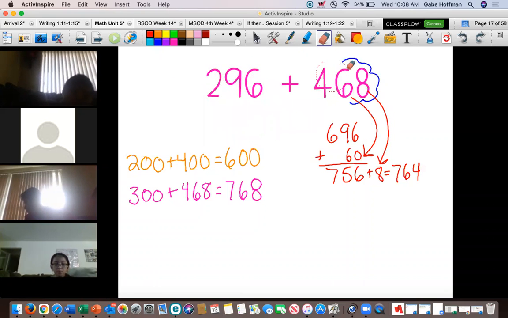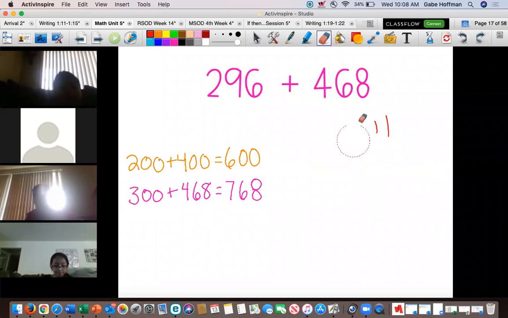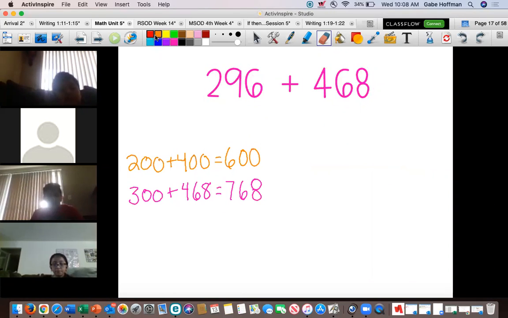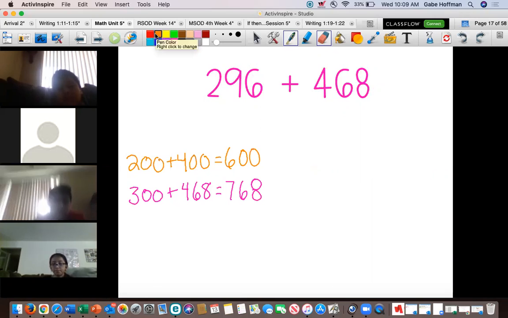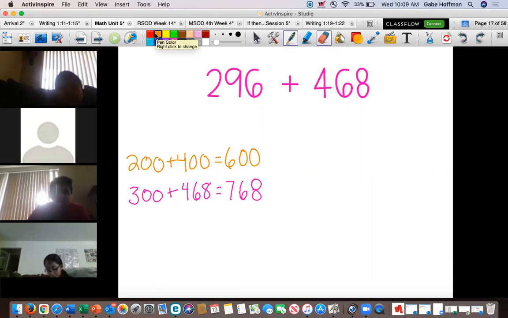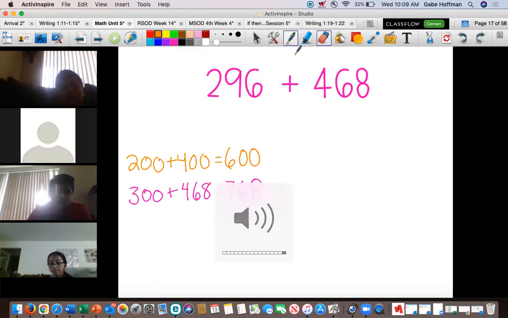200 plus 400. Alex J, I want you to talk me through this one. What have I already done from my original problem? When I look at my original equation, 296 plus 468, what have I already added?